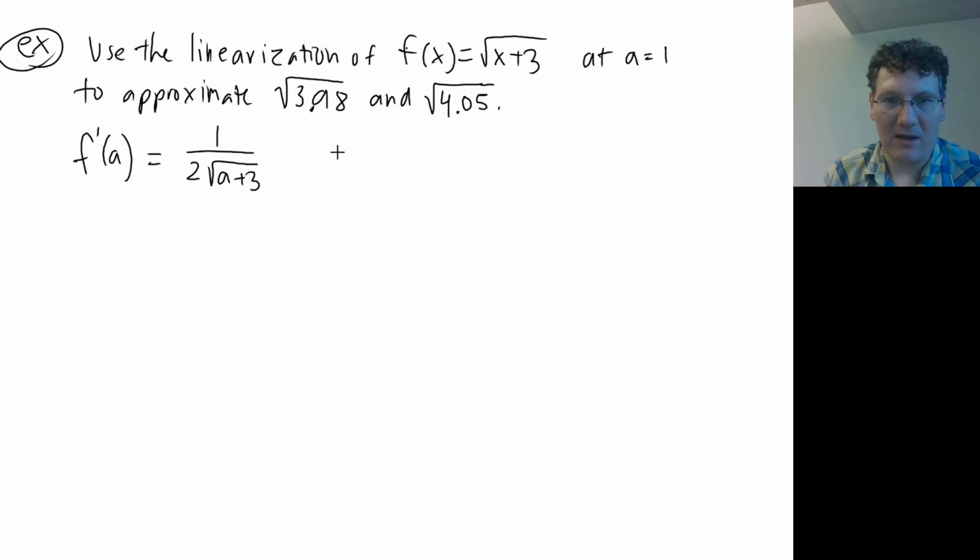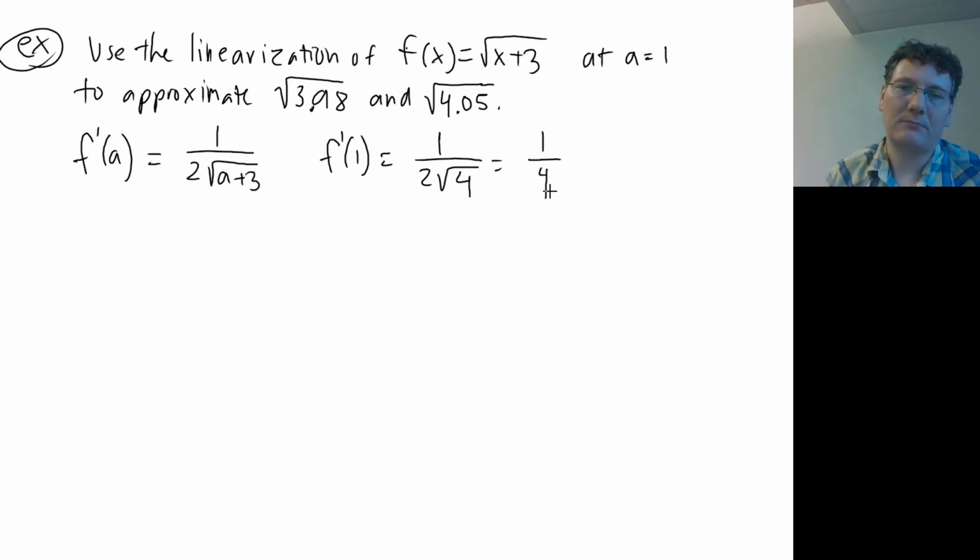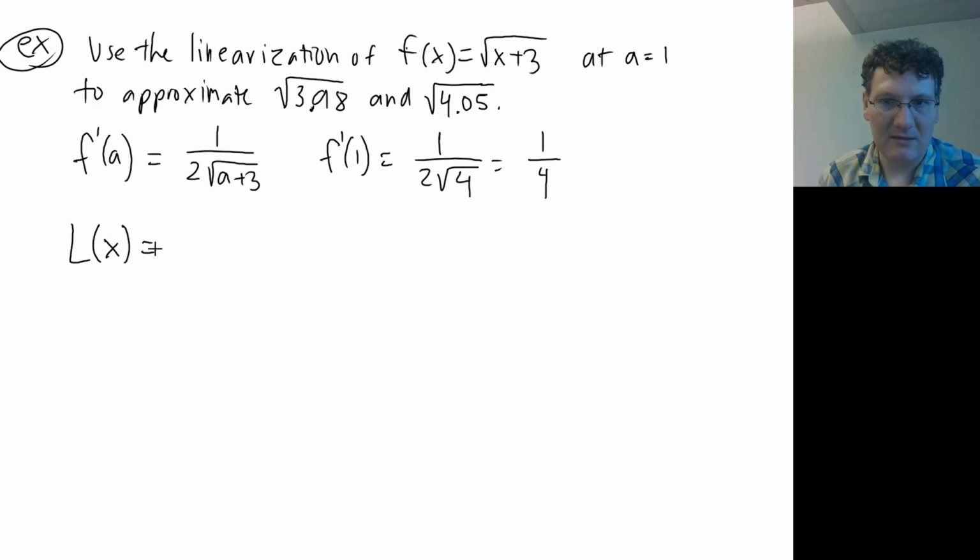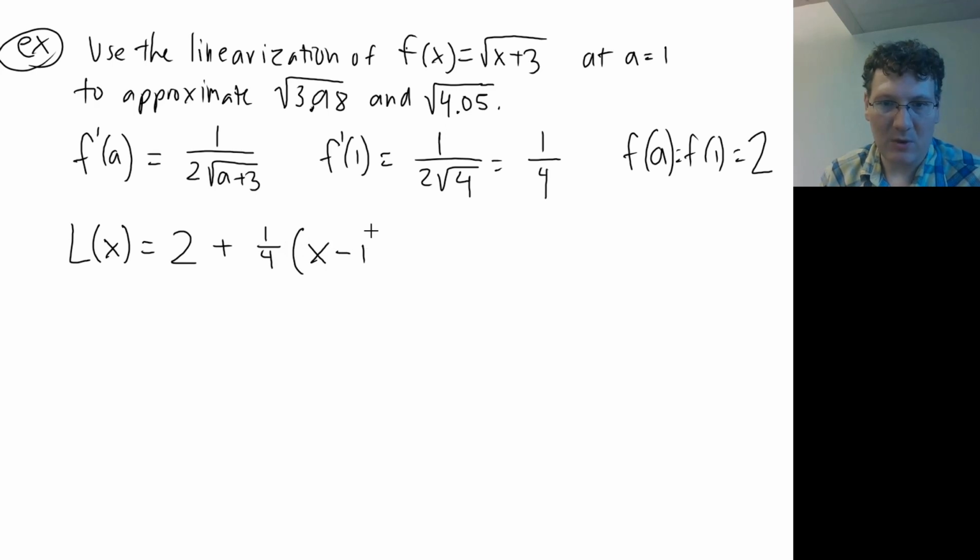And for us, f prime of 1 is going to be 1 over 2 square root of 4, so that's going to be 1 over 4. And so the linearization of x is, what is f of a? That's f of 1, that's the square root of 4, which is 2. So it's going to be 2 plus 1/4 times x minus 1.